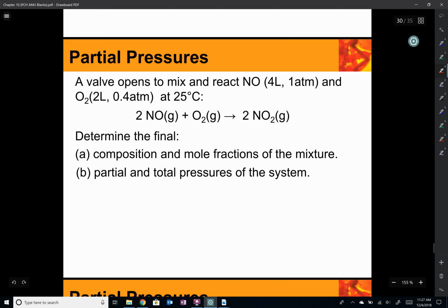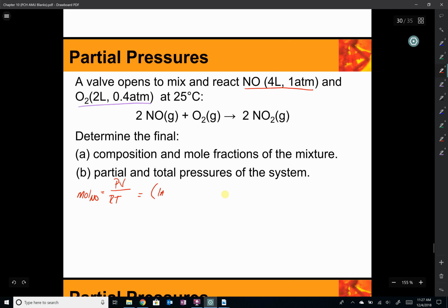So let's go through and do this. We're going to convert this information and this information into moles of those gases respectively, okay? So moles of NO is equal to PV over RT. I just rearranged my ideal gas law. So I plug in this information.